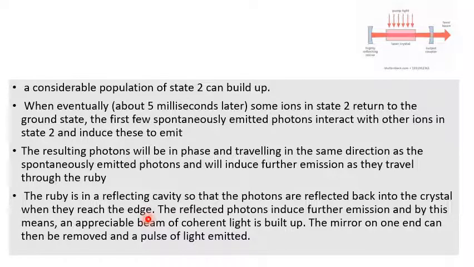The reflected photons induce further emission. They attack the ions whose electrons are in state 2 and induce them to emit photons, and in this way all the photons are in phase with each other. An appreciable beam of coherent light is built up.